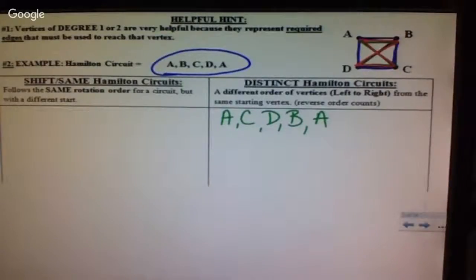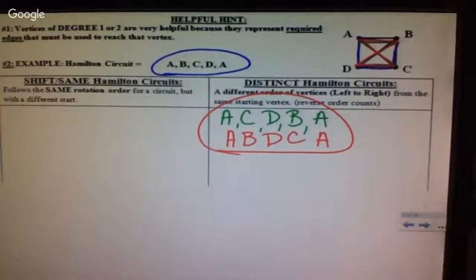A, B, D, C, A. What do you notice about these two? It's reverse order, but these are still distinct. You just went backwards. Okay, so that one works.